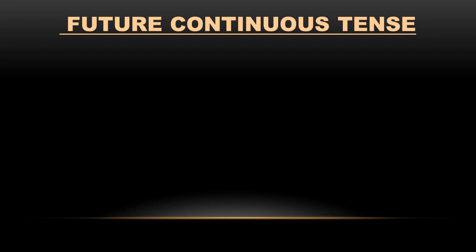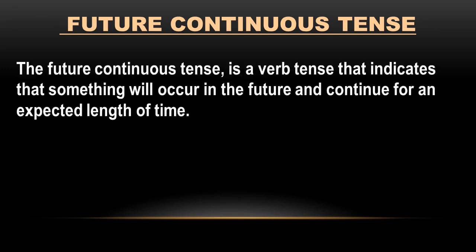Now the next type we have is future continuous tense. Future continuous tense is a verb tense that indicates that something will occur in the future and continue for an expected length of time. That means future continuous tense is used to represent the actions that will be in progress at a time in the future.